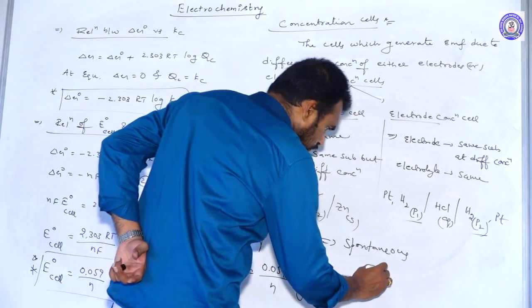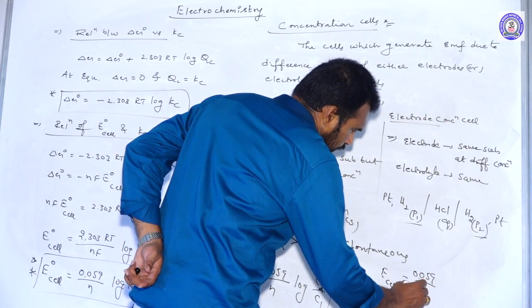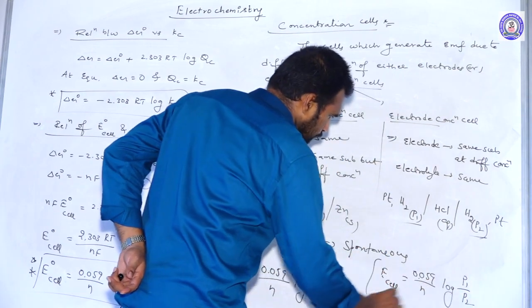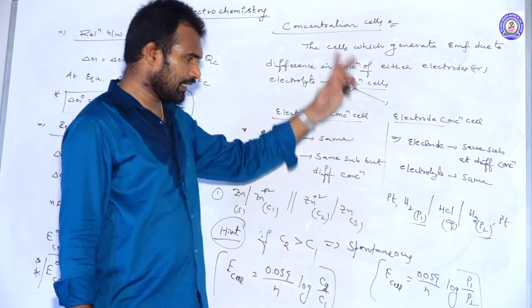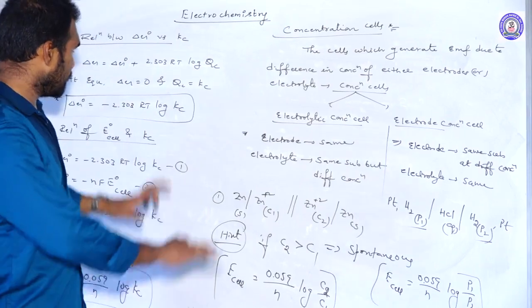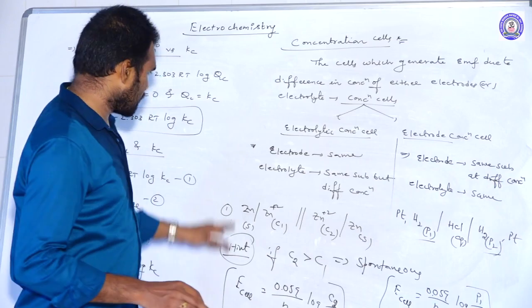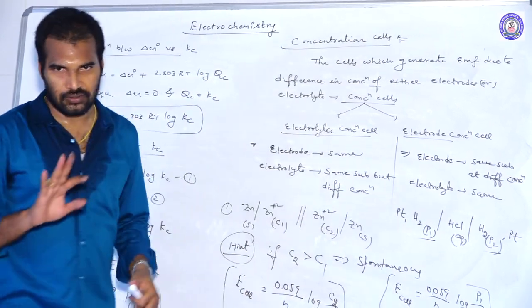In case of the electrode concentration cell, E cell = 0.059/n log P1/P2. By using this formula you can calculate the EMF of the electrode concentration cell. So now you are clear about concentration cells. Concentration cells are two types: electrolytic concentration cells and electrode concentration cells.